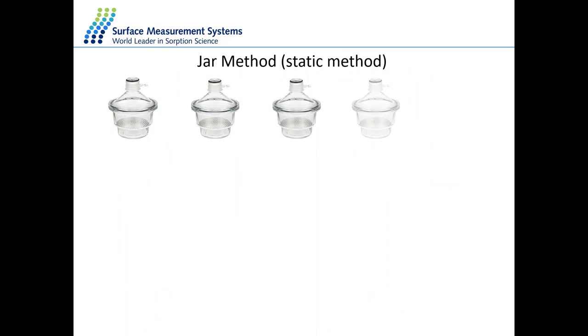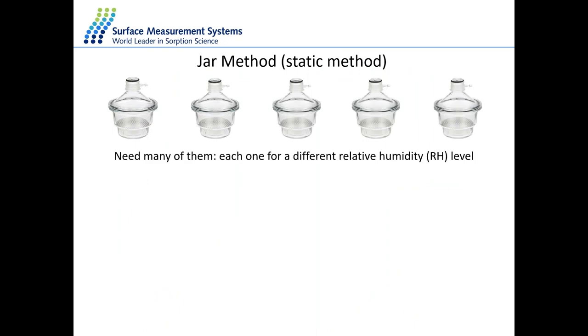So the method that we are usually using is actually based on an older procedure. You might be familiar with it because it's reported in the Pharmacopoeia, or it is also used as an older technique, the jar method. A jar method is very simple: we have a series of desiccators that contain a saturated solution of salt at the bottom of the desiccator.